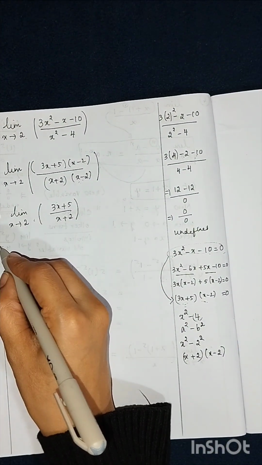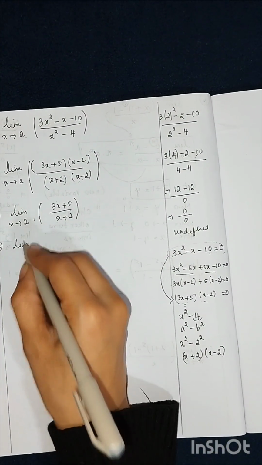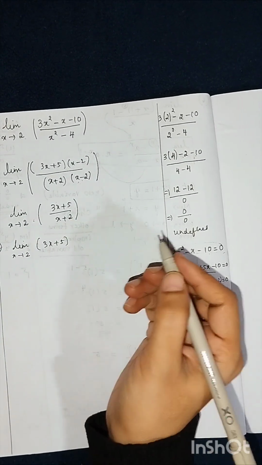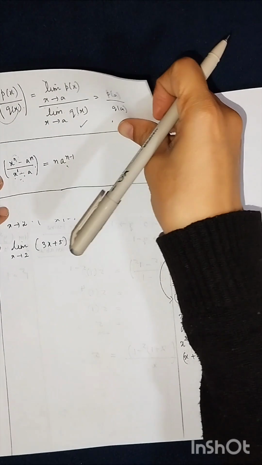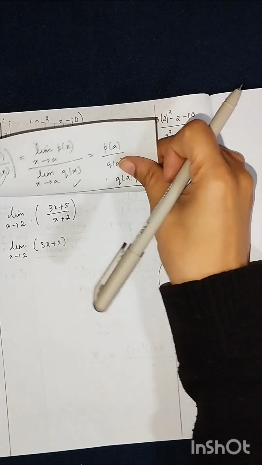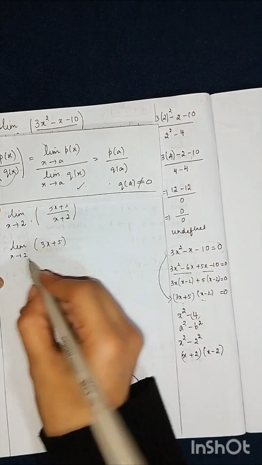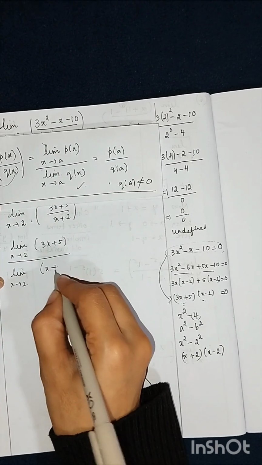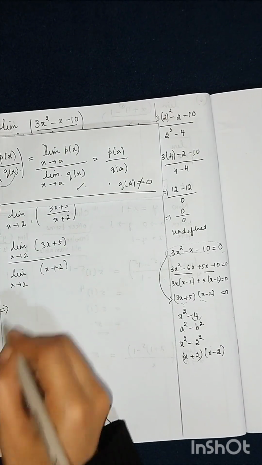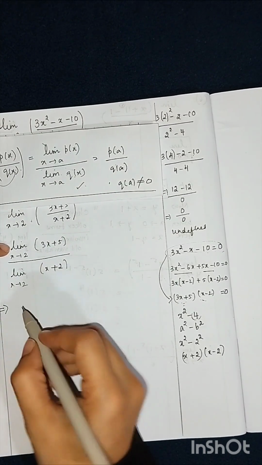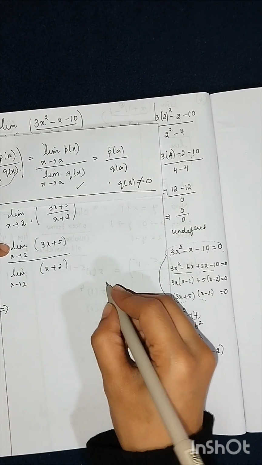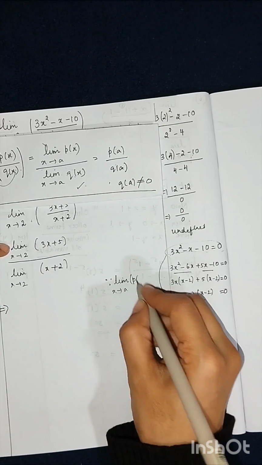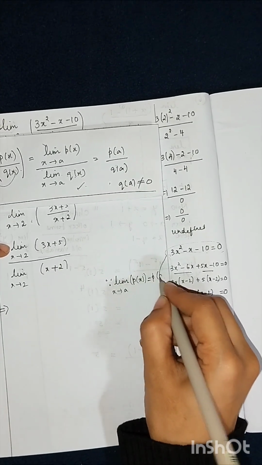That is, this implies limit x tends to 2, 3x plus 5. We'll keep this here so that it will be easy for you. And in the denominator, we will write limit x tends to 2, x plus 2. Now this will be equal to, we can substitute directly because we know that limit x tends to a, for a polynomial function, is p of a.